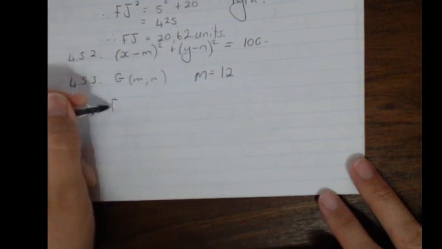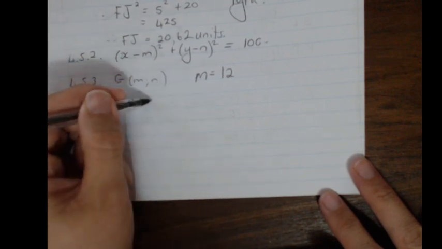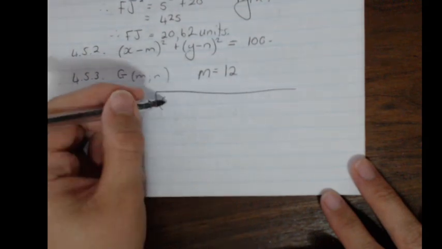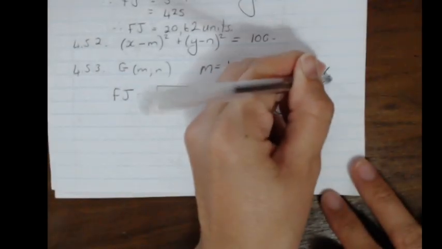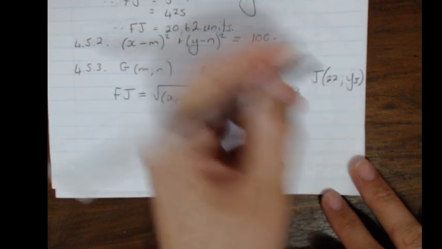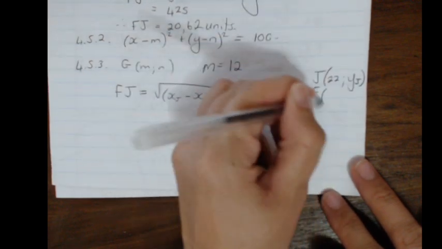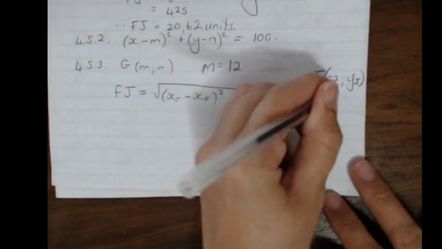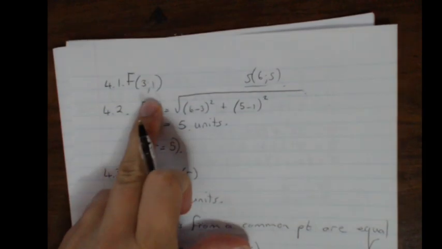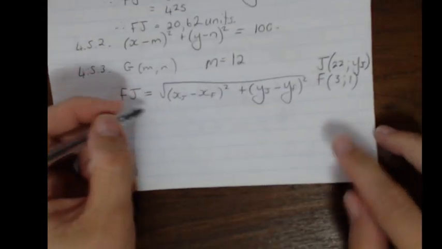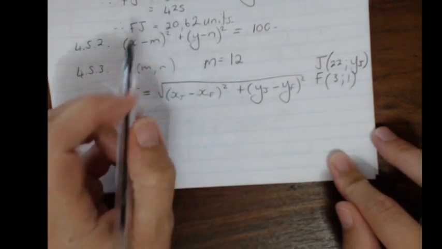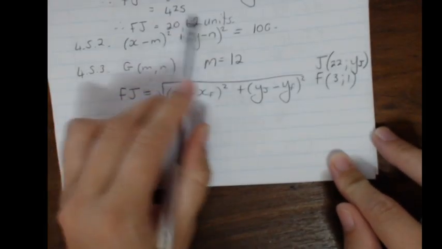So the length of FJ is equal to the square root of the x value at J minus x at F squared plus y value at J minus y value at F squared, where J is the point 22, y value at J, I don't know, and the F coordinates is 3, 1, which I already established earlier.